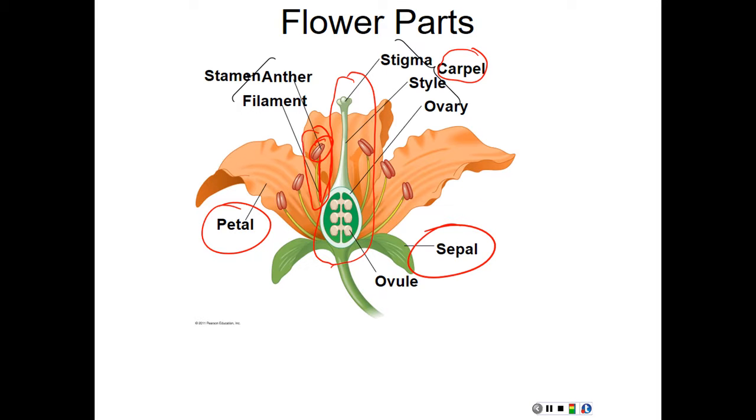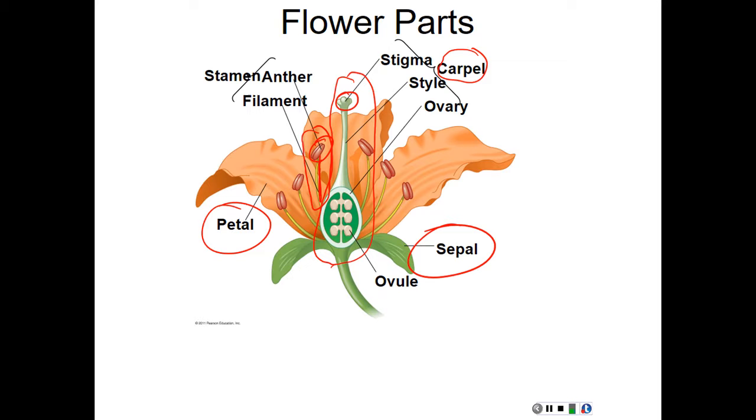We have the very top part that we call the stigma. The stigma is the very tip, which is usually somehow sticky. That is going to receive the pollen.